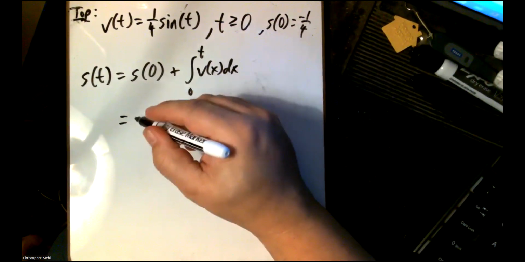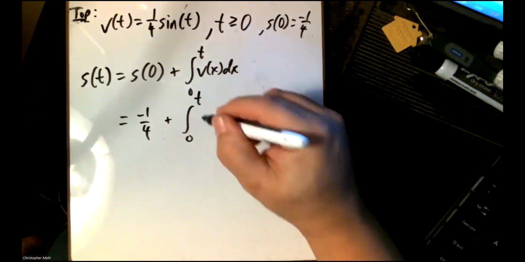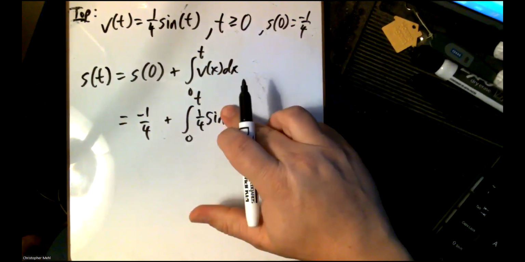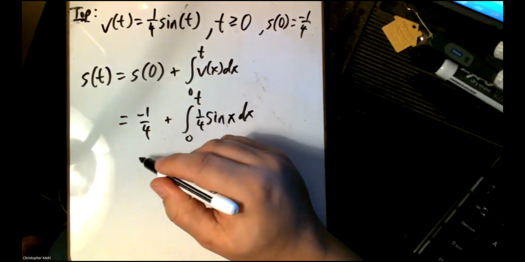And so S of 0 is negative 1/4 plus the integral from 0 to t of 1/4 sine x dx.